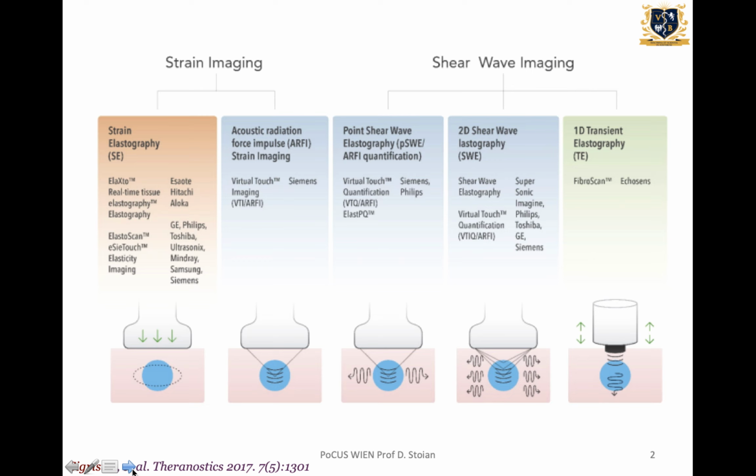When dealing with thyroid or breast elastography, we have two major families: strain, meaning outside induced pressure perpendicular to the lesion, and shear wave, tangential forces to the lesion, monoplane or biplane.